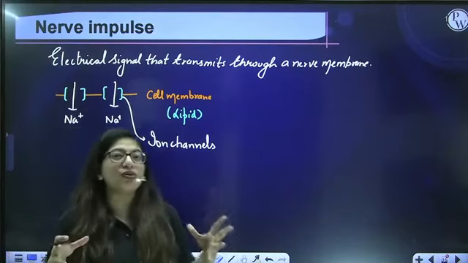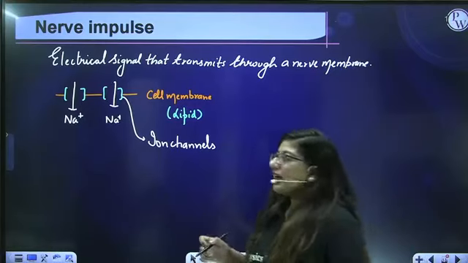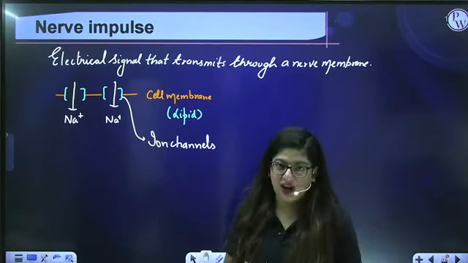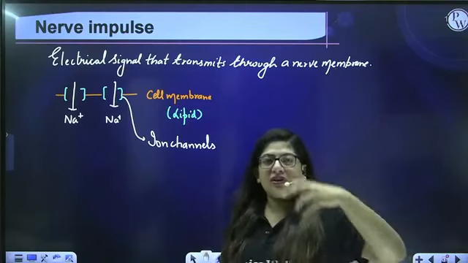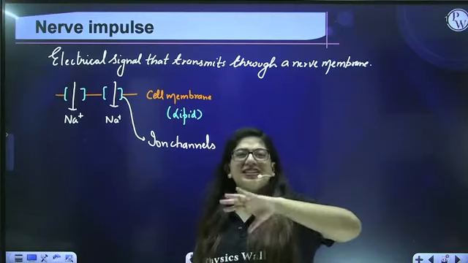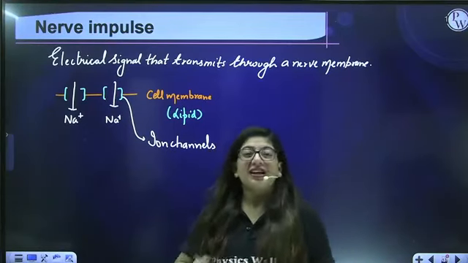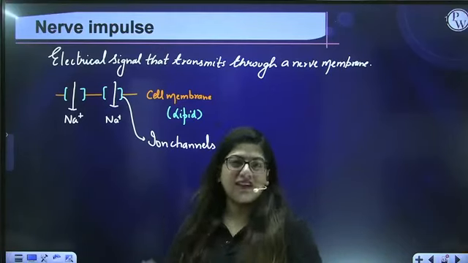These are the doors made up of protein across the cell membrane, and that will allow the movement of the ions, leading to the change in the charge and hence the voltage. You always detect the electric current in millivolts. So that will lead to the formation of a kind of electrical signal.